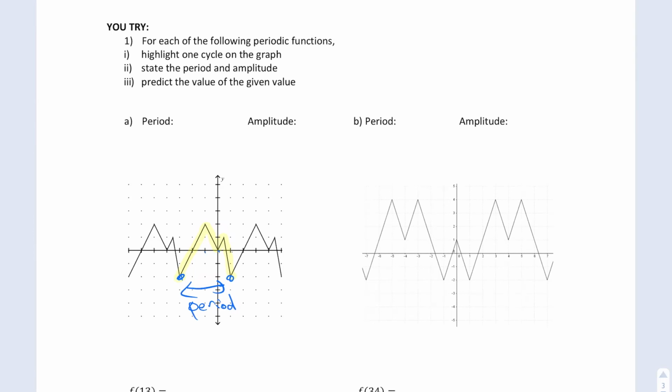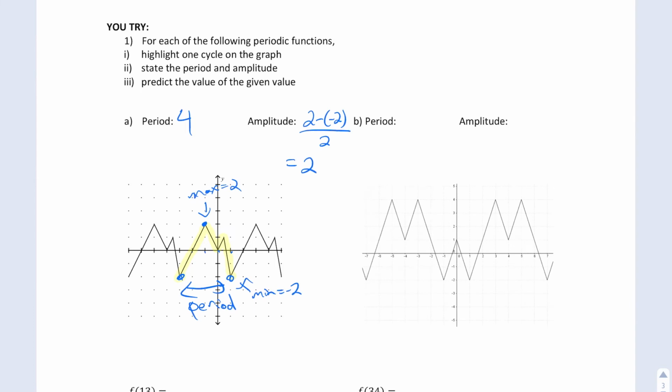So assuming these ticks are 1 unit, so I go 1, 2, 3, 4. And then similar for amplitude, I've got a max here of 2. And I've got a min of -2. So my amplitude is going to be 2 minus -2 divided by 2, which is just 2.